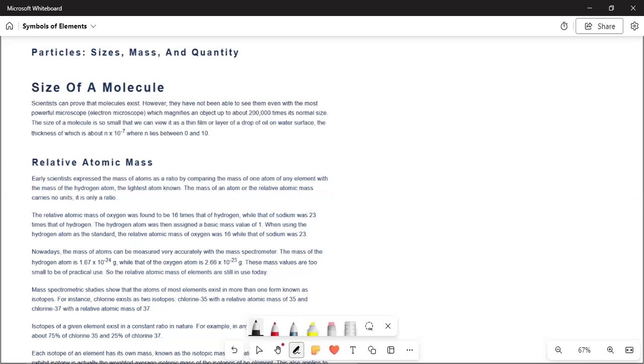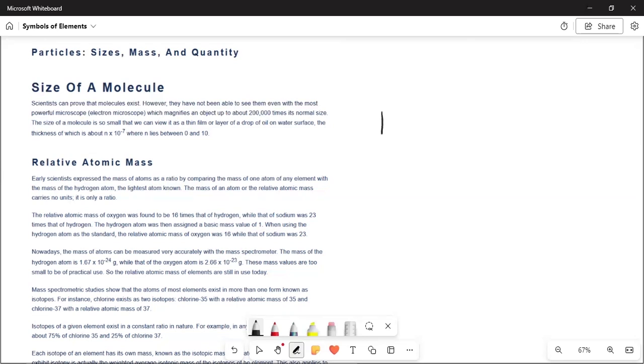An arbitrary number was assigned to hydrogen because it's the lightest element, and that number is 1. The hydrogen atom was assigned a mass of 1 so that every other atom of every other element is compared to the number of times it is heavier than the atom of hydrogen.